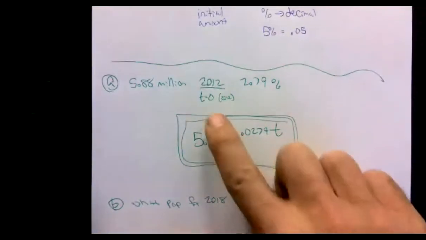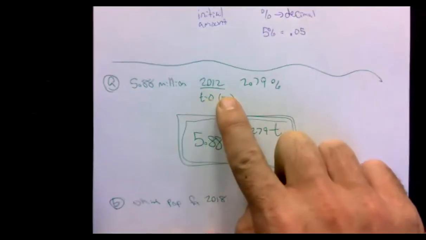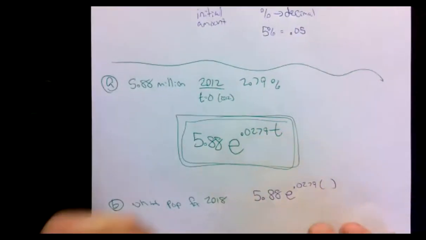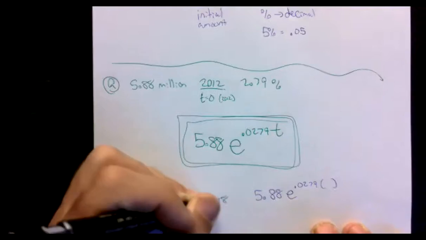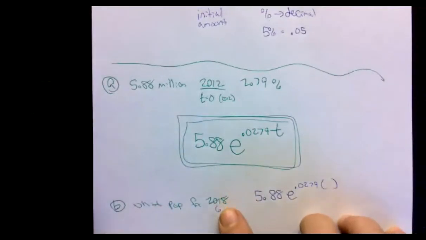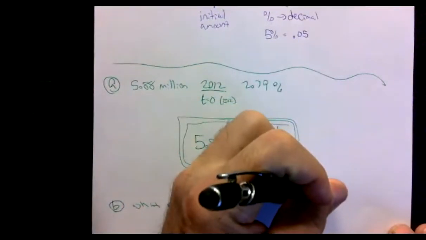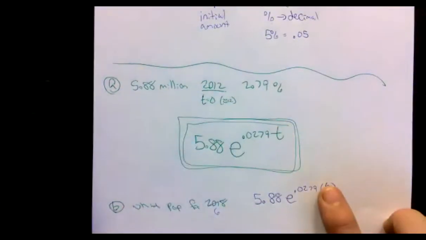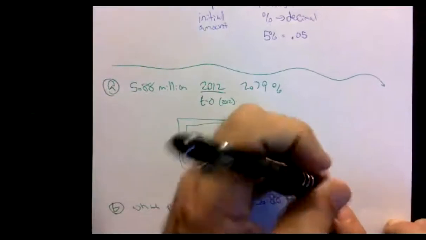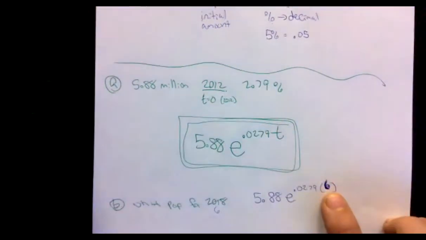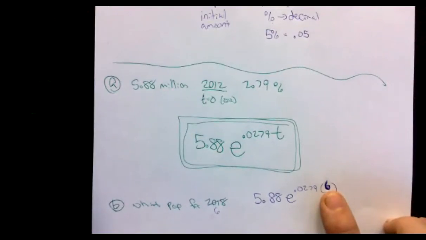Remember, t at 0 is 2012, so t is the years since 2012. So 2018 means 6 years past 2012. You've got to make sure and plug in a 6 here, not 2012. So make sure you do that correctly. That's the number of years beyond 2012.